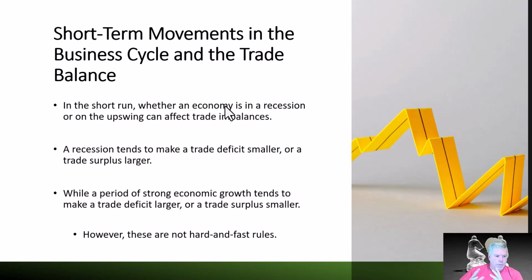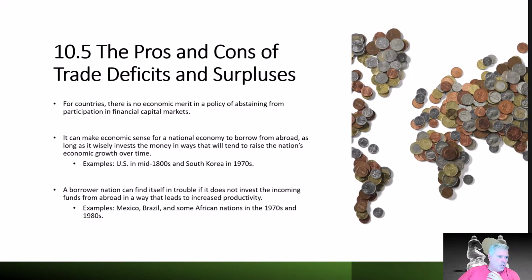Well, a period of strong economic growth tends to make trade deficits larger and trade surpluses smaller because you have excess money being generated during economic growth, so we tend to buy things from other countries and import them. They're not hard and fast rules, but there's a strong correlation.